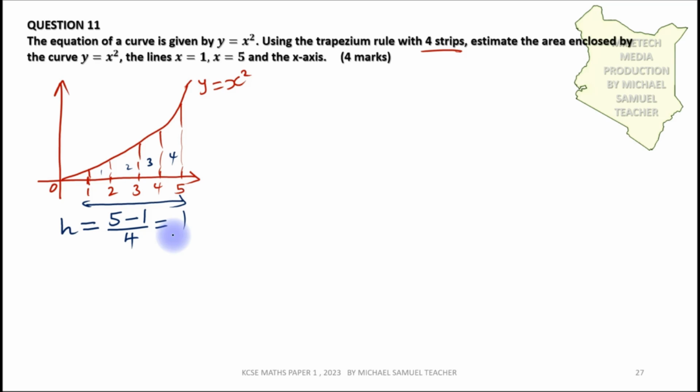Therefore, something else that we need to have. Now we have the 4 trapezium, so we need to get the heights y0, y1, y2, y3, and y4.